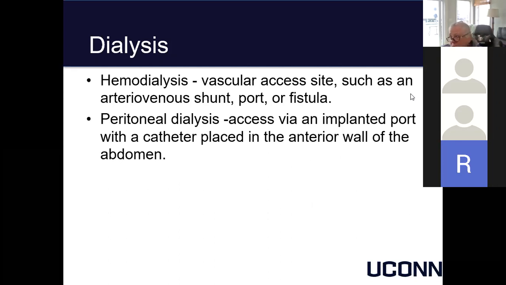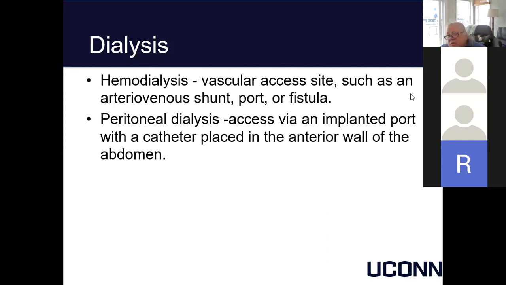Some of this stuff we've talked about before, some of this stuff is a review, but for hemodialysis, you need to have access to execute hemodialysis. And we put in an AV shunt or fistula, and failing that, they can put in a dual port access that is external to the body.